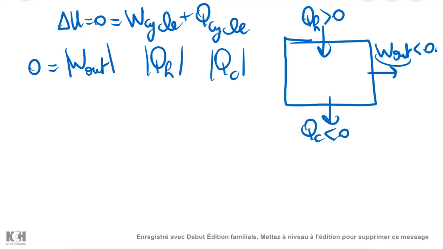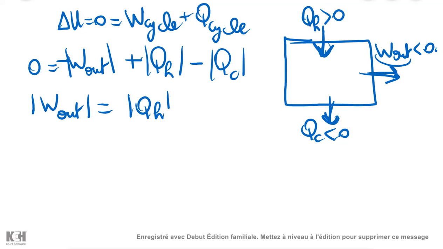Now the question is, what is going to be the sign that I'm going to write between the physical quantities here? So for the work, it's getting outside, so it's negative, so I have a minus. For the hot heat, it's going to be positive, so I have a plus. And for the cold heat, it's getting outside again, so it's negative. And once I have this, I'm able to express W out. That is going to be just this.